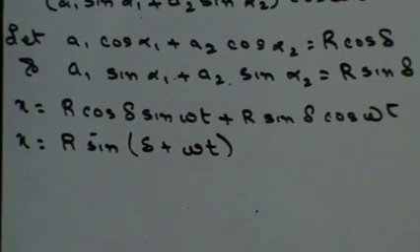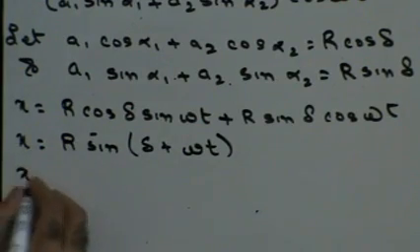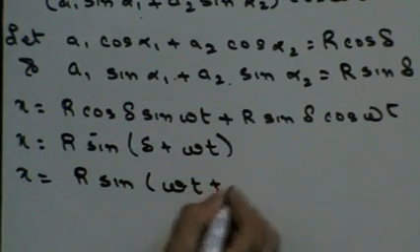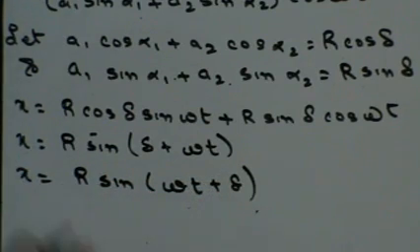This equation is in the form of the equation of an SHM, x is equal to A sin omega t plus alpha. I can write it this way: R sin omega t plus delta, where R is the amplitude and delta is the initial phase of the resultant SHM.